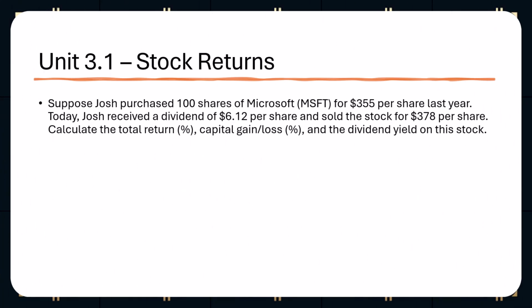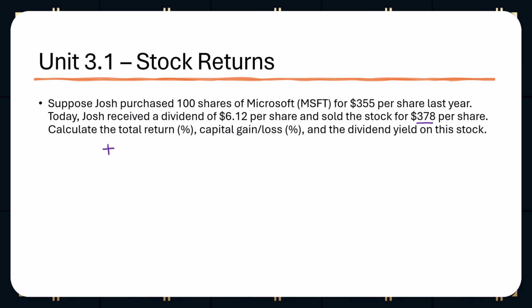Suppose Josh purchased 100 shares of Microsoft for $355 per share last year. Today, Josh received a dividend of $6.12 per share and sold the stock for $378 per share. Calculate the total percent return, the capital gain percent return, and the dividend yield percent on this stock.